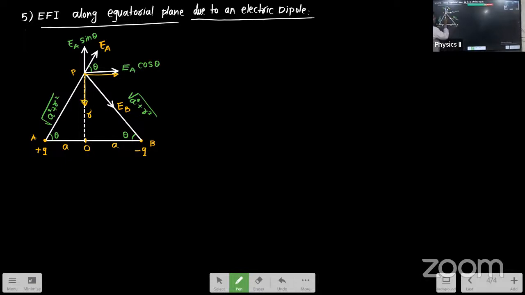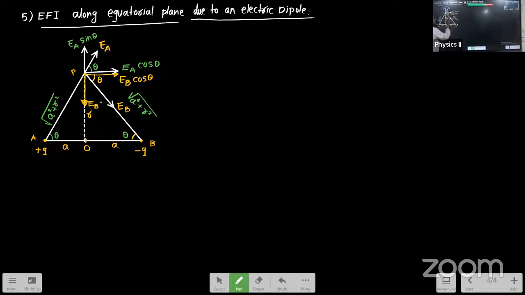Carefully understand this. If you understand this, you can write the answer very easily. Initially I resolved this EA component, and now I am going to resolve this EB component. If this angle is theta, this angle will also become theta. So this component will become EB cos theta. And what will be this component, if this is EB cos theta?